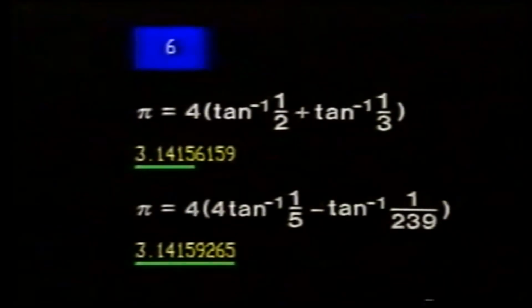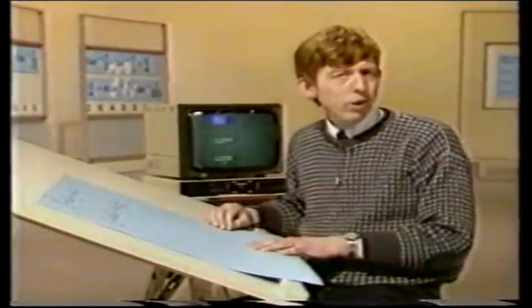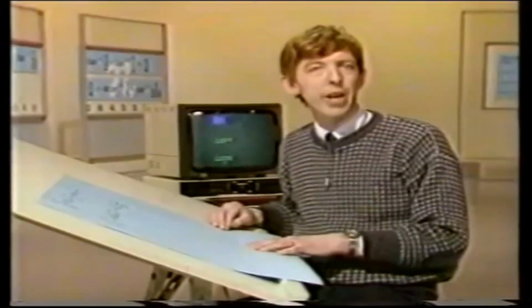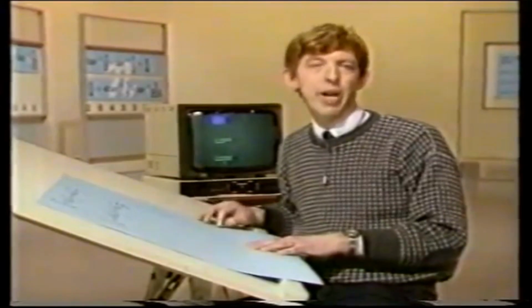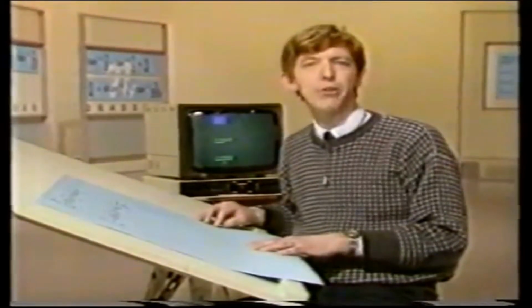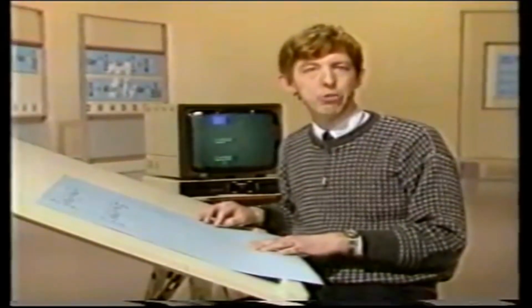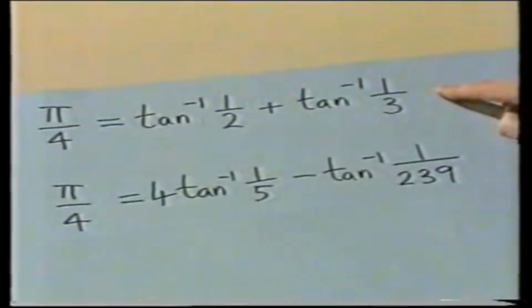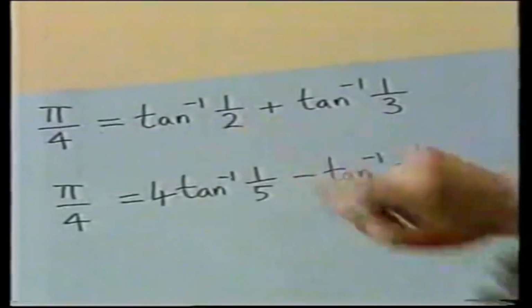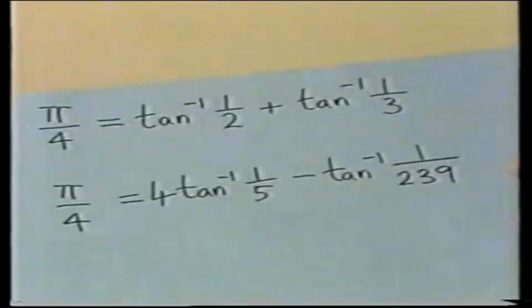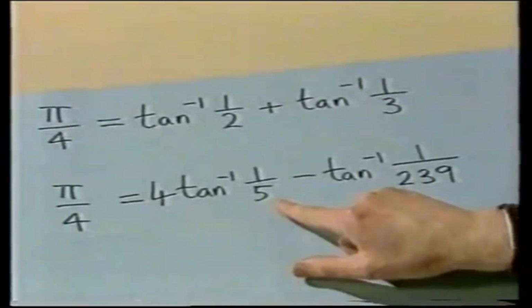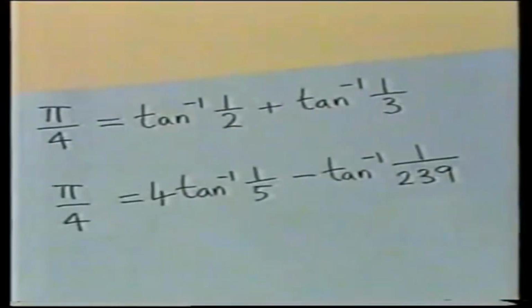But why is that? Well, roughly speaking, the speed of convergence of the series for tan to the minus 1 x depends on the size of x. The smaller x is, the faster the series converges. So the speed of convergence of this series is determined by a half, whereas the speed of convergence of this series is determined by 1/5, which is much smaller.